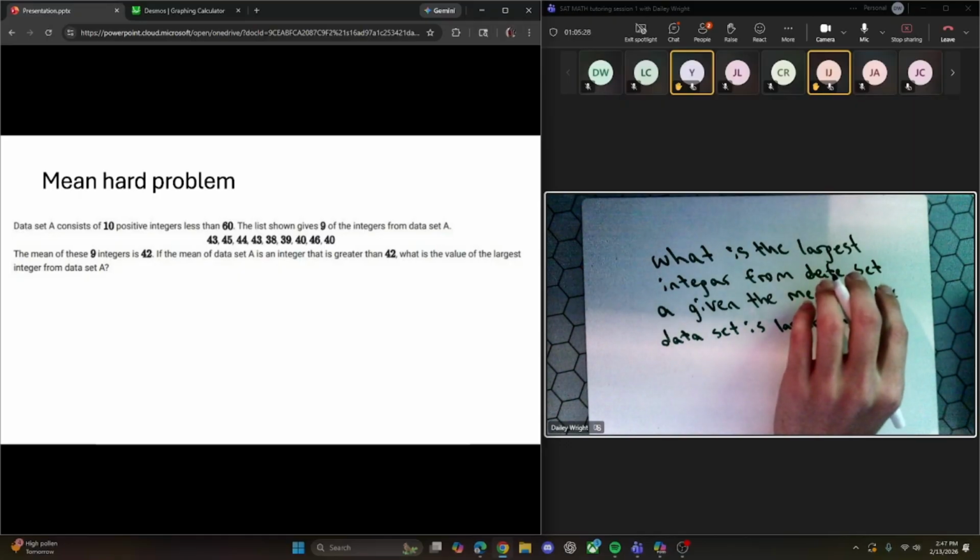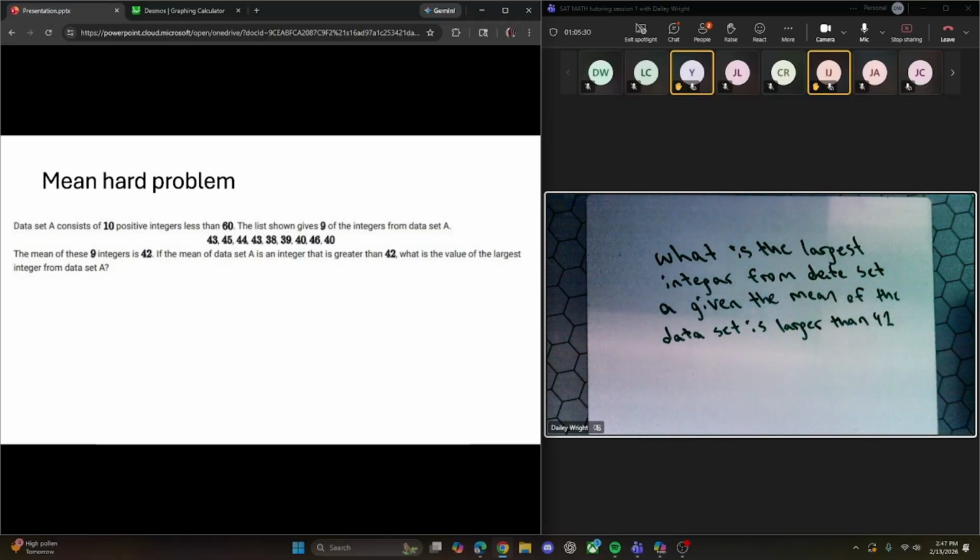And the data set has to be less than 60, and the mean has to be an integer. That is the best way you can rephrase that question, in my opinion. What is the largest integer from dataset A given the mean of the dataset is larger than 42?